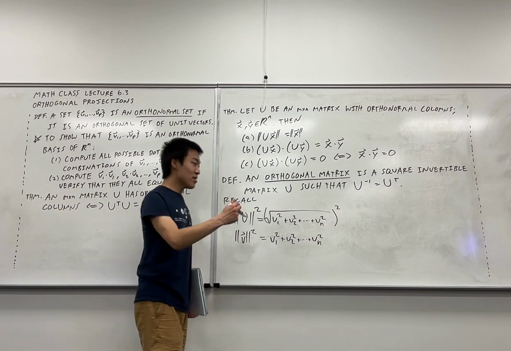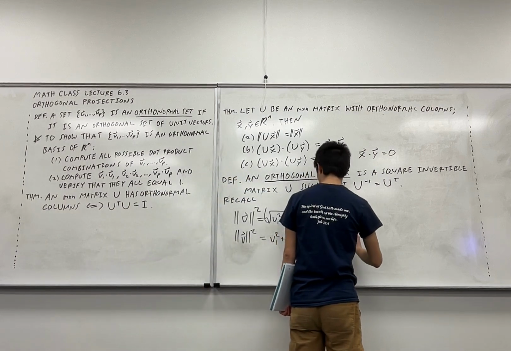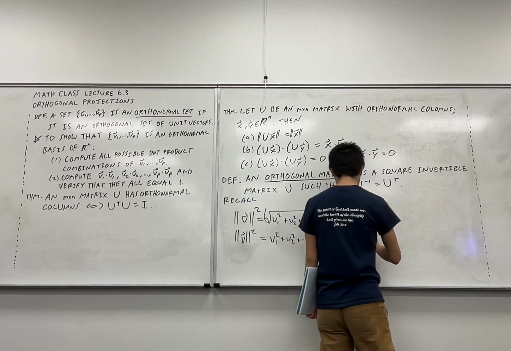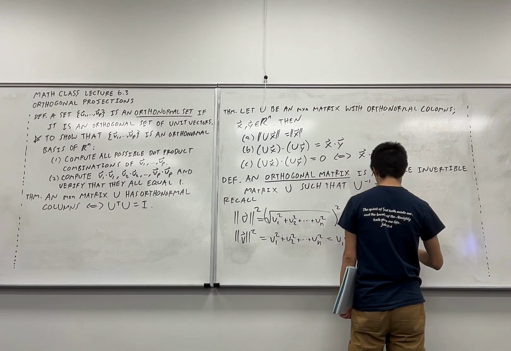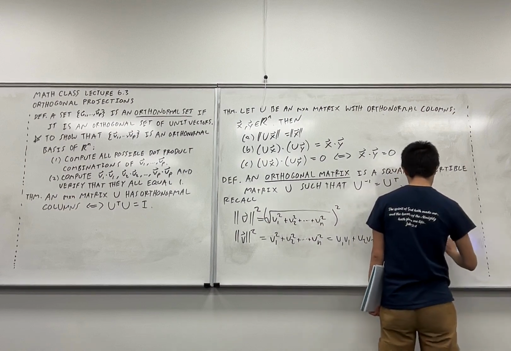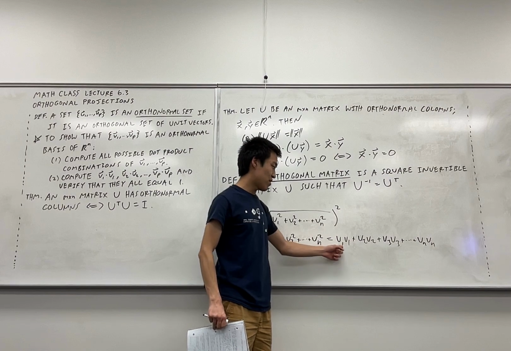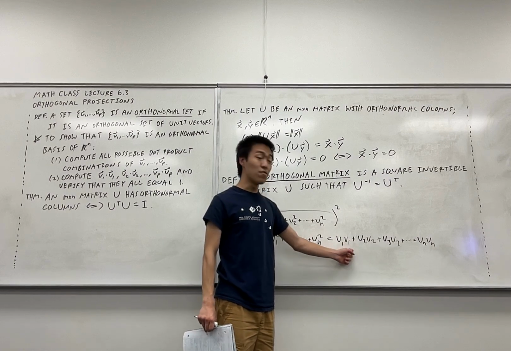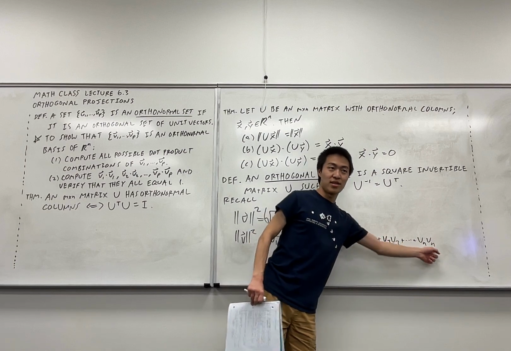But if you really think about the definition of a dot product, that's really saying v1 times v1 plus v2 times v2 plus v3 times v3, and so on, until you get to vn times vn. Is that not the same as doing a dot product of the vector v with itself? Because all of these products are just corresponding to the same entries.